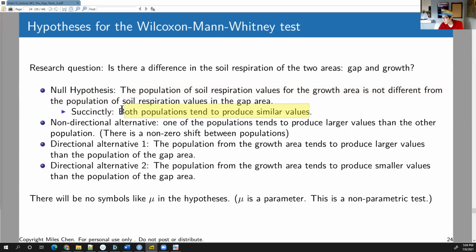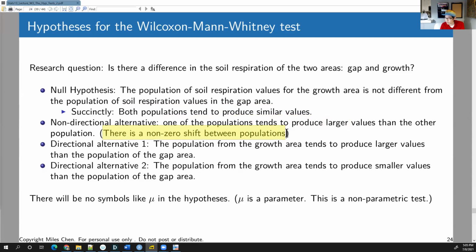Or more succinctly, both populations tend to produce similar values for soil respiration. The alternative would be that one of the populations tends to produce larger values than the other population. Or we would say there is a non-zero shift between populations.